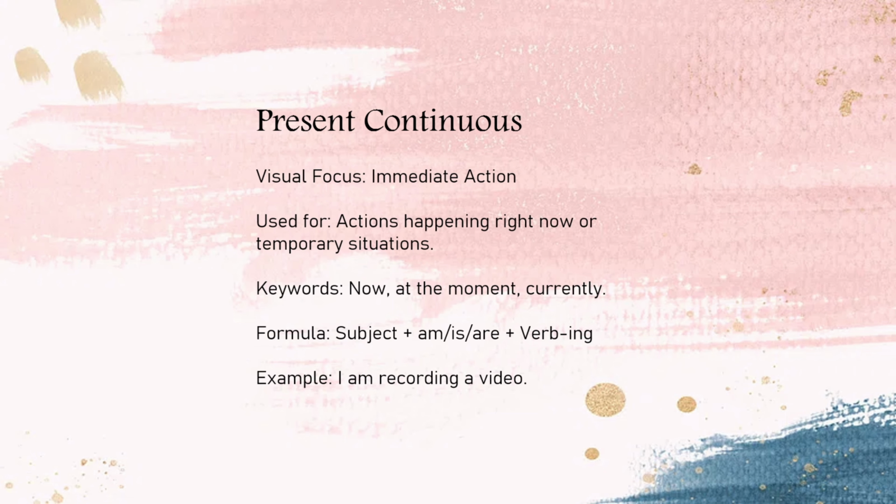And then you add ing to the verb. So for example, in this sentence, I am recording a video. Here I is the subject, and because the subject is I, you add am with it, and the verb is record, and you add ing to it because it is present continuous tense.